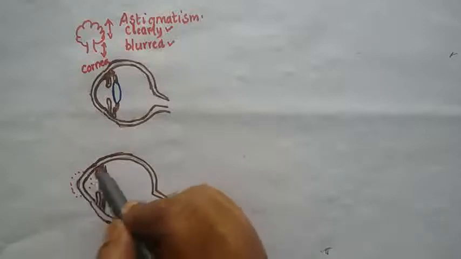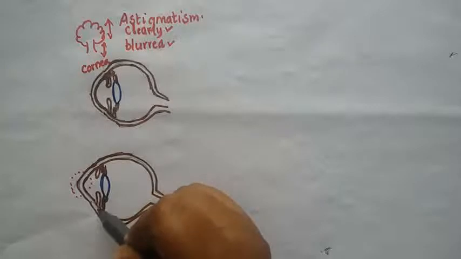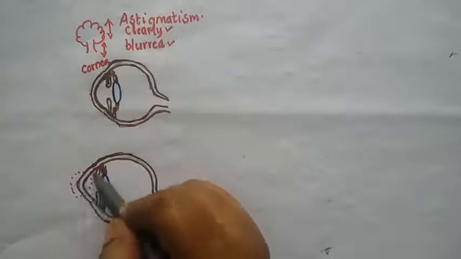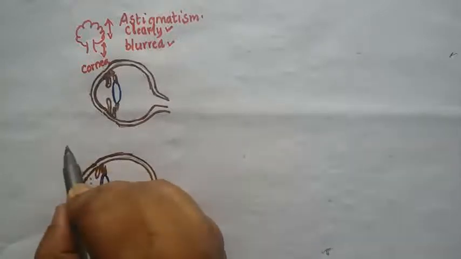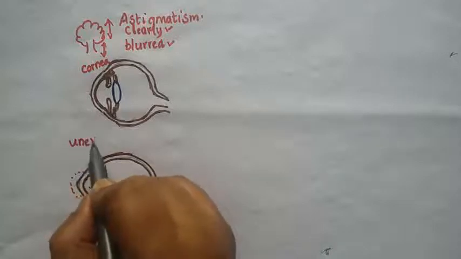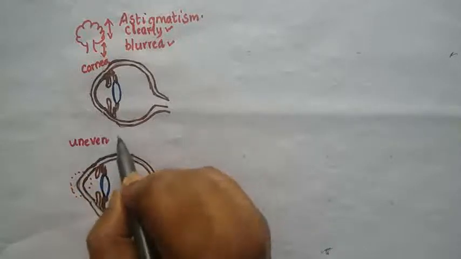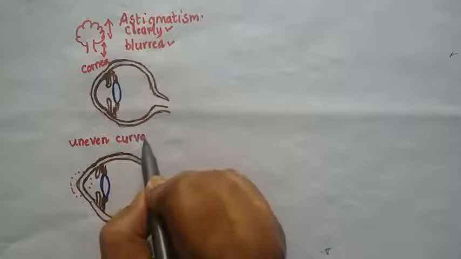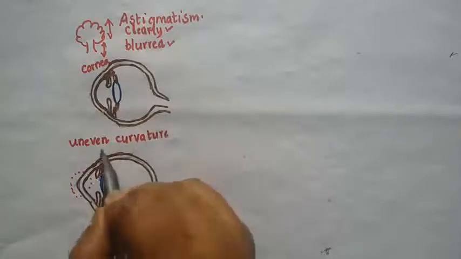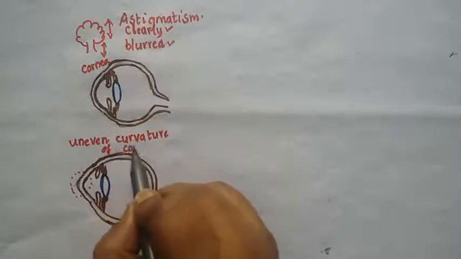So there is a disturbance in the curvature of the cornea. There is no proper curvature of the cornea, or you can say that there is an uneven curvature of the cornea.